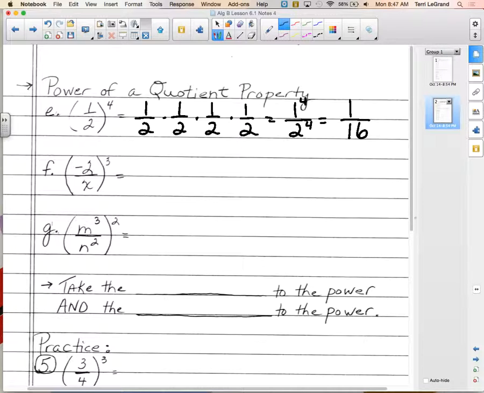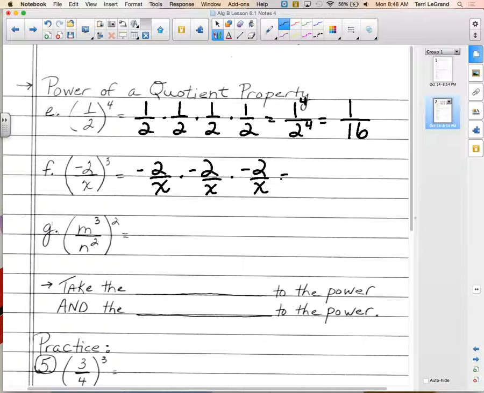Okay, let's look at F. We have -2/x is our fraction, our division problem. It's being taken to the 3rd power. So we know that means -2/x times -2/x times -2/x.